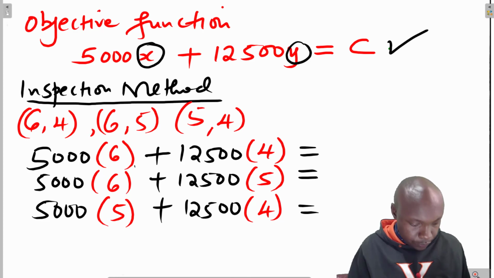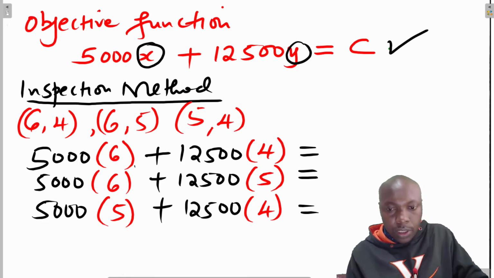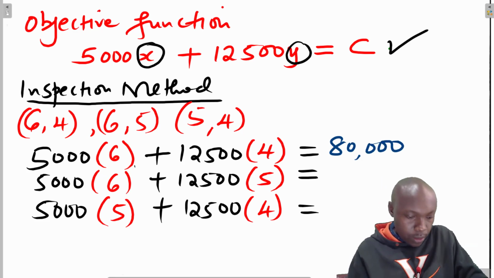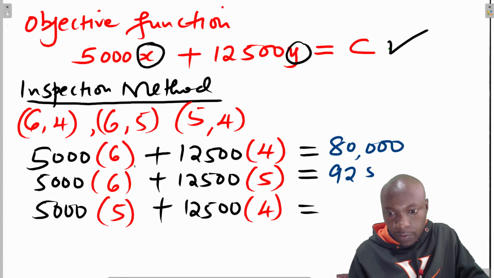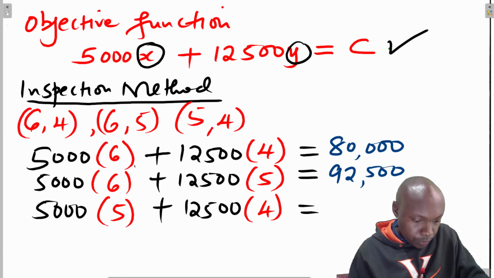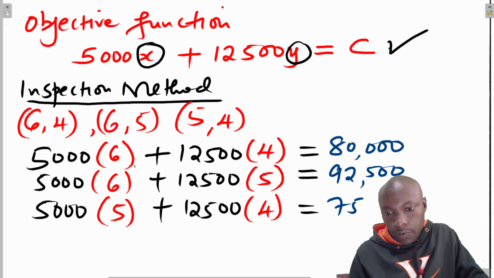The first one will give 80,000, and then the second one, that is 6, 5, not 6, 6, 6, 5, gives 92,500, and then the last one, 5, 4, will give 75,000.